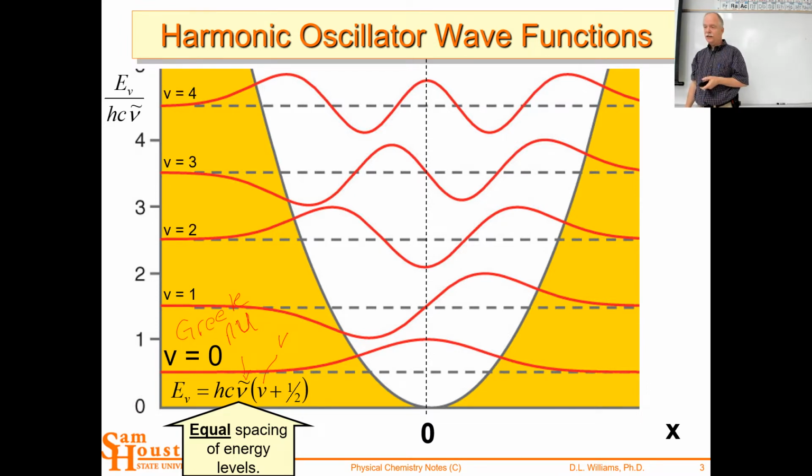So they're equally spaced. Can you look at these and tell me the symmetries of them? So what's the symmetry of the ground state? Even or odd? It just looks the same on both sides, right? And what about v equals 1? The left side is negative, the right side is positive.